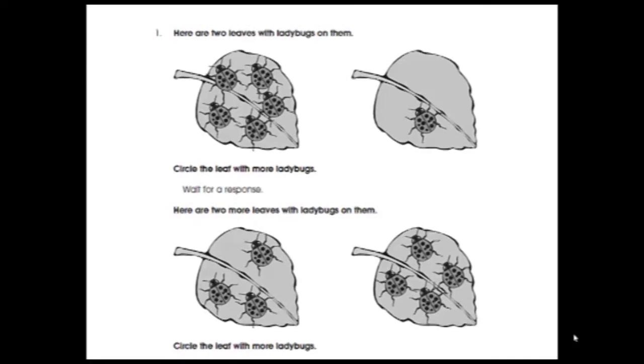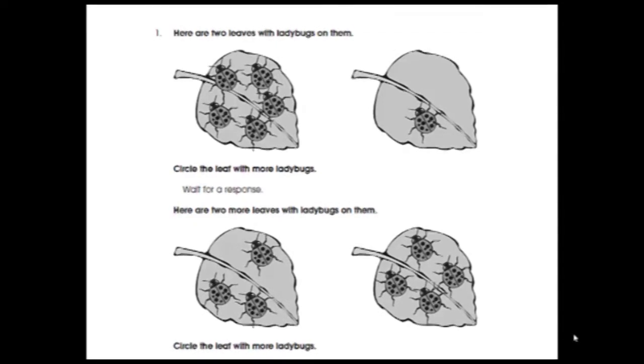And as you work with children in comparing numbers, you want to first of all start with real objects, preferably real objects, such as counting chips or teddy bear counters or any kind of uniform counting object.